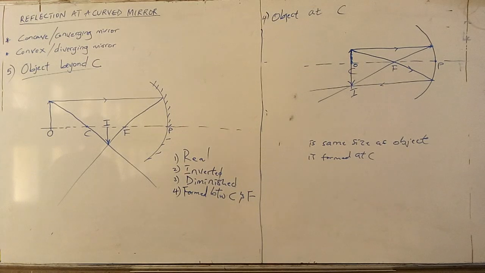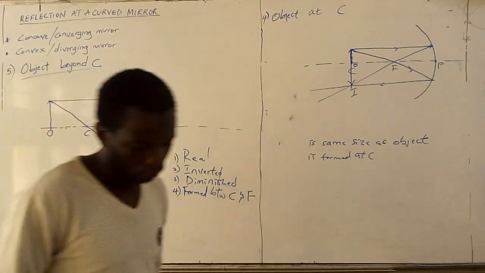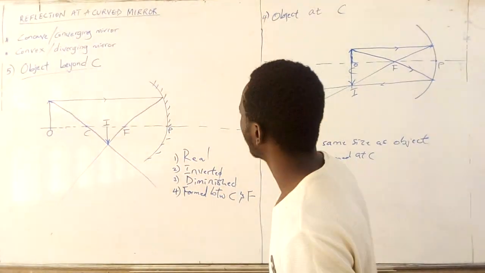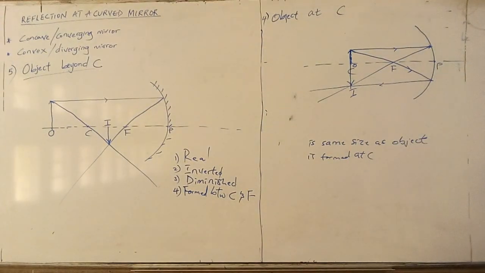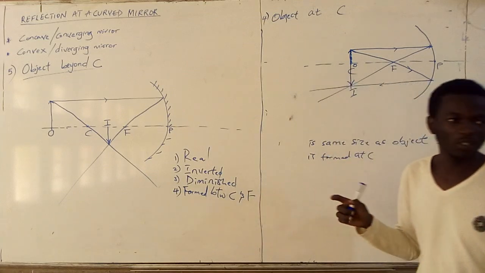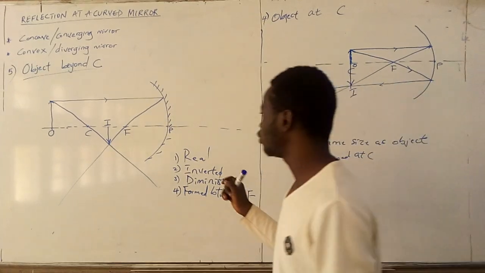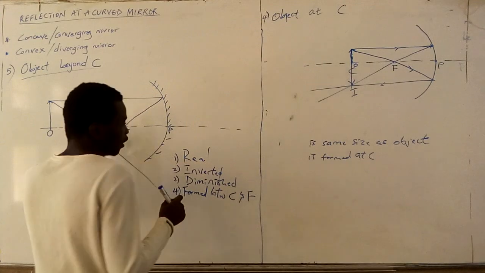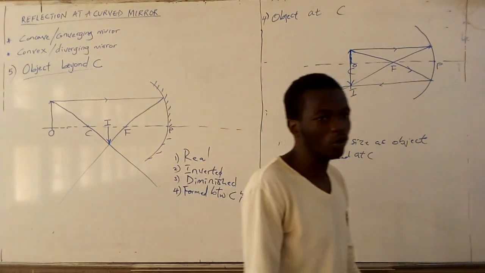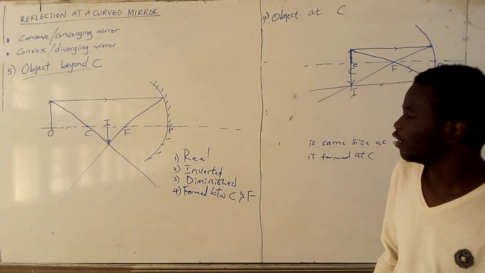Then what other properties do we have? I think that's all for that. So essentially those are the various positions we can have the image. Now, I said in the beginning that the only place where you have the virtual image formed is when the object is between P and F. That's the first diagram we drew, and that's the only place where you have an upright image.